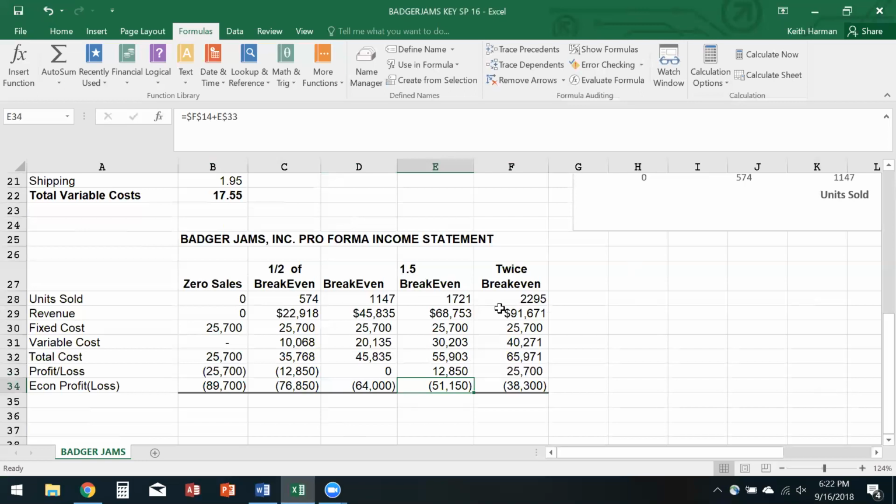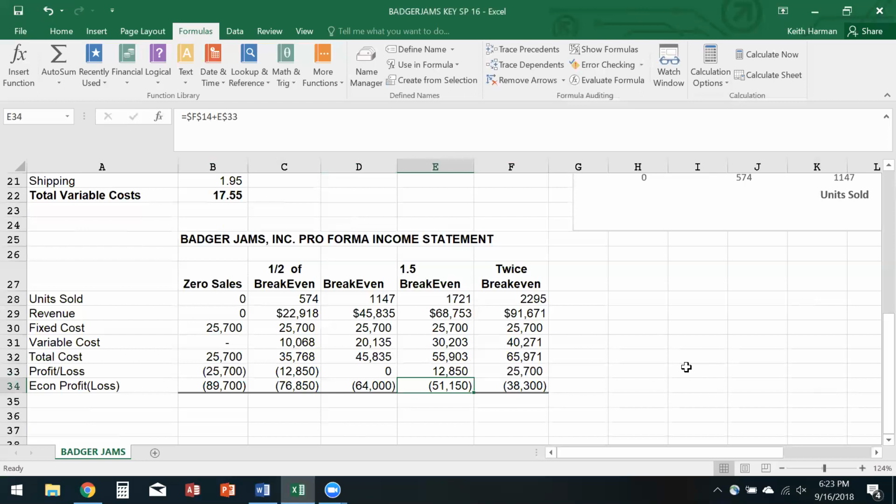As you can see, we come down and they end up with a profit of $12,850, but that doesn't begin to offset the $64,000 the entrepreneur absorbed to start the company using their savings.